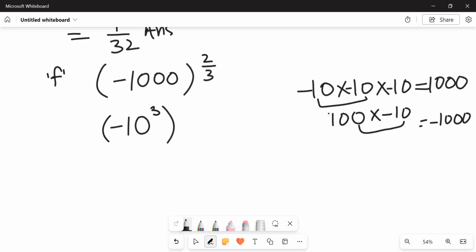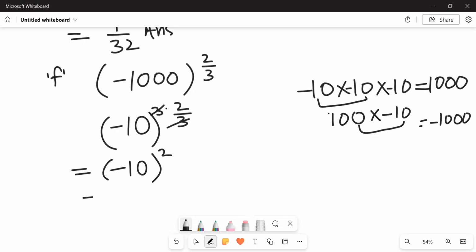Okay, I should write it in this form, 2 over 3. Then this 3 can be cancelled out, and this one will be power 2, and this can be written as 100.